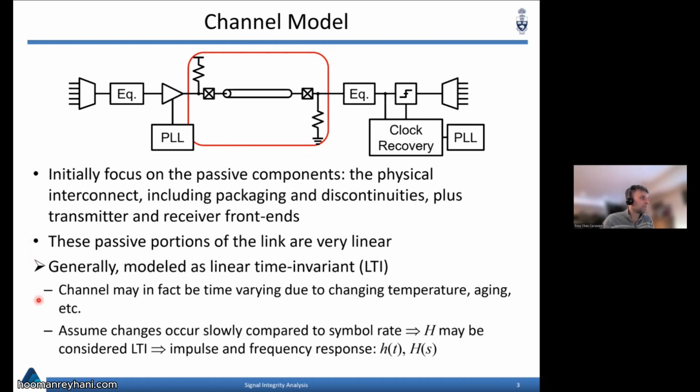Now, a couple other things we're going to ignore are the time varying nature of the channel itself due to changing temperature, the aging of those components, and so on. The assumption is that those changes occur relatively slowly compared to the symbol rate.